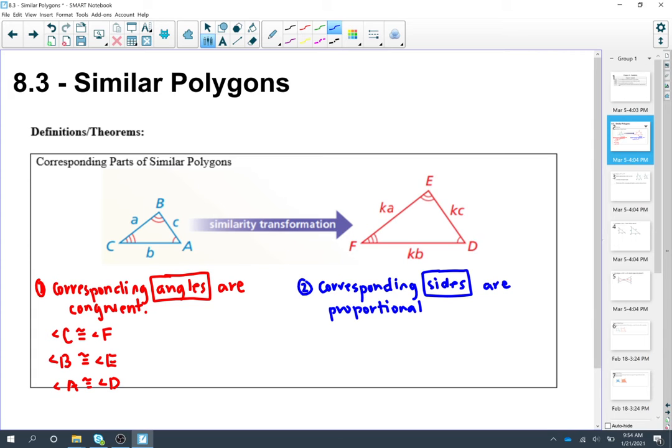So KC, or the ratio of KC over his corresponding side C, is going to be equal to KA over A, which is also equal to KB over B, which ultimately is equal to K, which is our scale factor. Those are the two things we know about the corresponding parts of similar polygons.